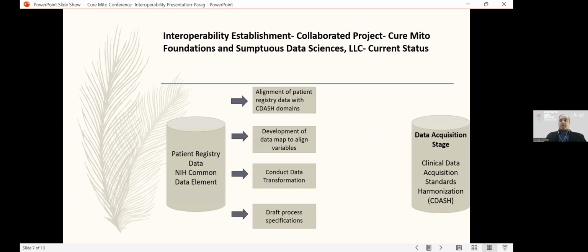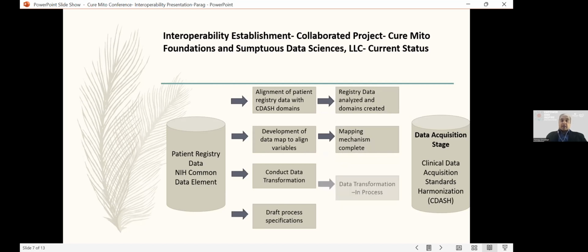So currently, this is the project we are working on, and if you look at each step here, we are done with the first part. The registry data has been analyzed and domains in CDASH are being created. We have the mapping mechanism complete, and currently the data transformation is in process.